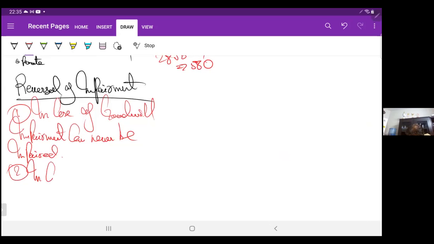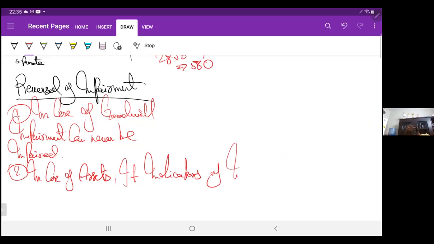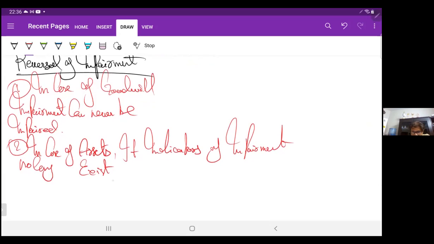In case of assets, if indicators of impairment no longer exist, impairment can be reversed.